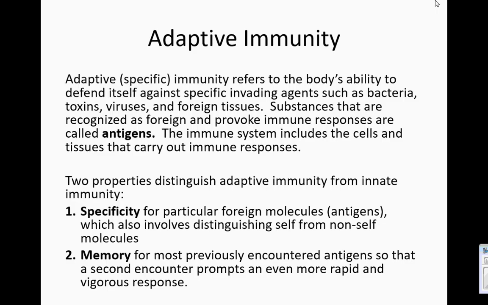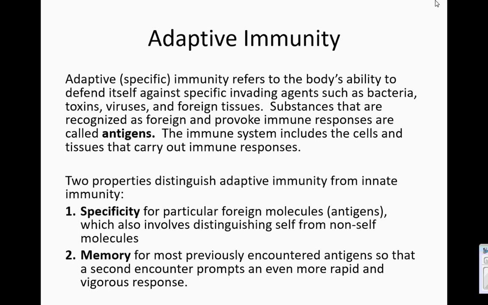Now we get to talk about the really cool stuff. The adaptive immune system, which we mentioned the other day, has that memory component and will target certain things. Those certain things being antigens.